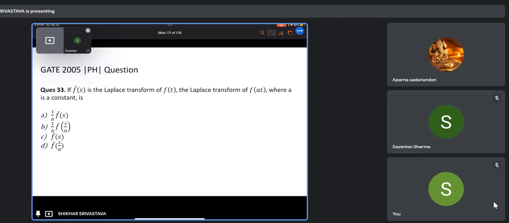Clear. Okay. Now here is another function they have given: if F is the Laplace transform of some function f of t, then what is the Laplace transform of the function which is scaled?